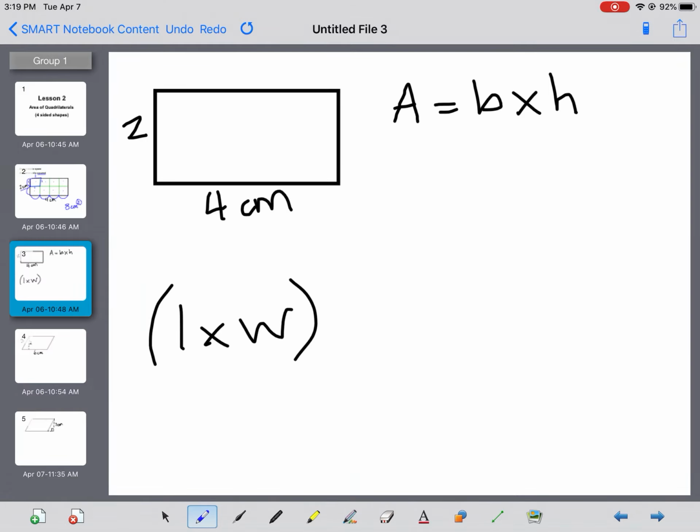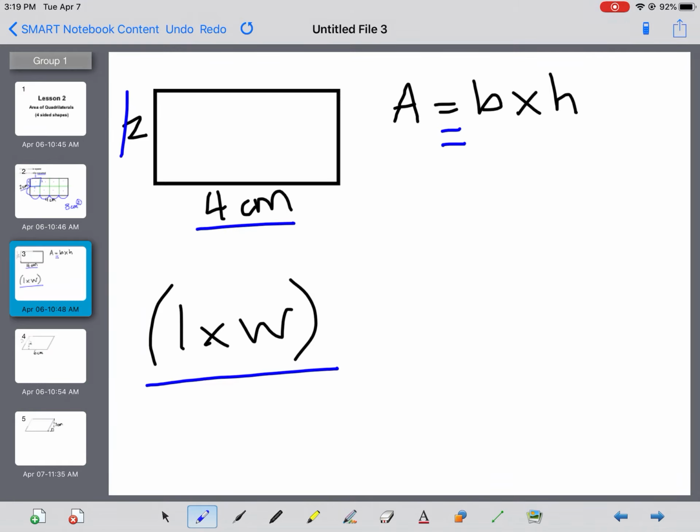Now, we are going to use a formula to figure this out, and it's a pretty simple formula. We really won't have that many steps. You may be used to finding the area of rectangles using length times width. We are going to be using some different letters that mean the same thing, but it's going to be handy for some other shapes as well.